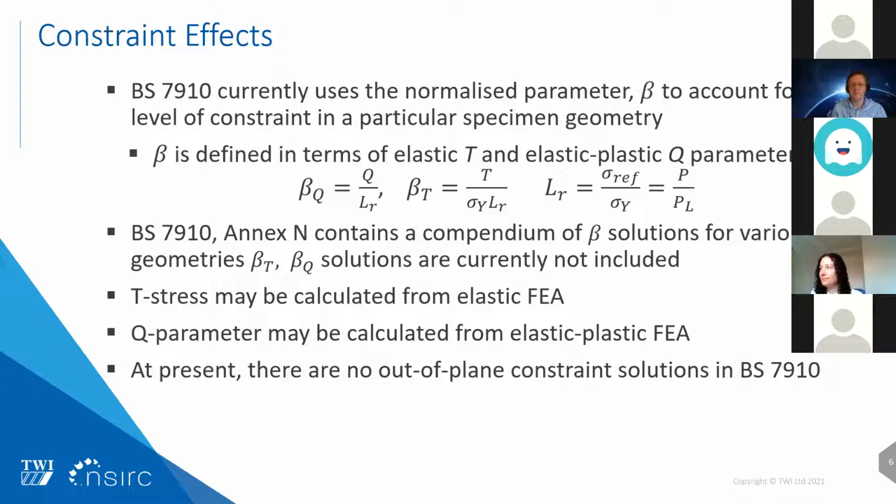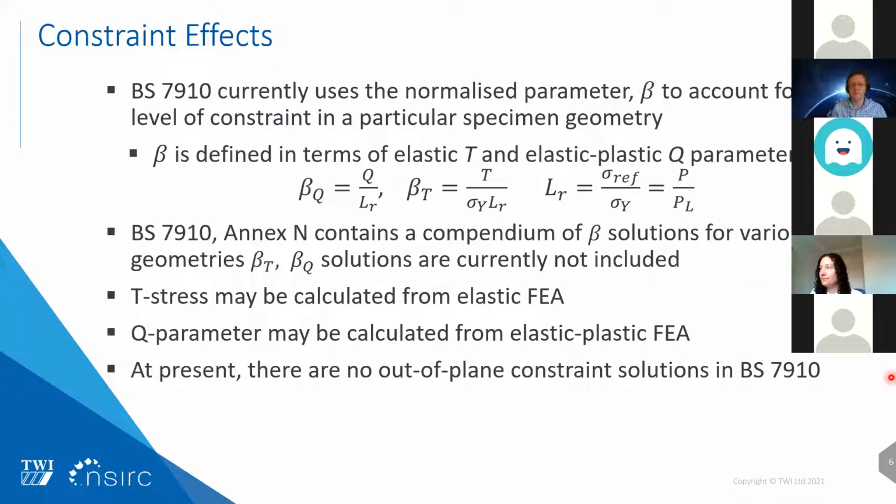In essence, Annex N allows the quantification of constraint condition within the structure being assessed and the small-scale specimen, such as the laboratory specimen used to assess it, using either the T stress or the Q parameter. The constraint level is quantified in terms of the load ratio, which can also be expressed in terms of the reference stress and the yield stress.